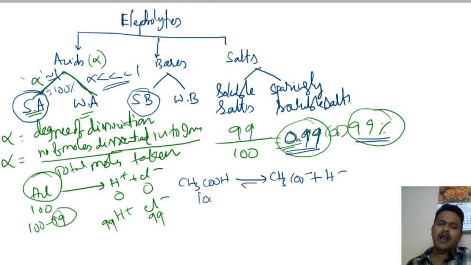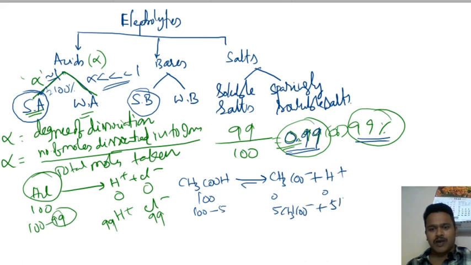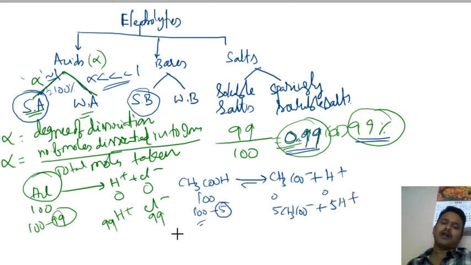If you take 100, only 5 or 6 convert, giving 5 CH3COO minus plus 5 H plus. This 5 is negligible compared to 100, so the degree of dissociation is very low. Based on that only we are dividing like this.